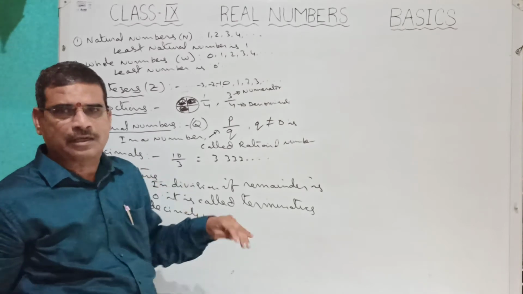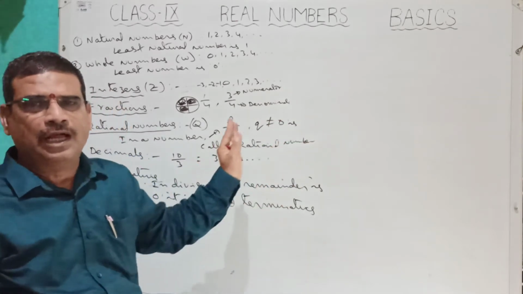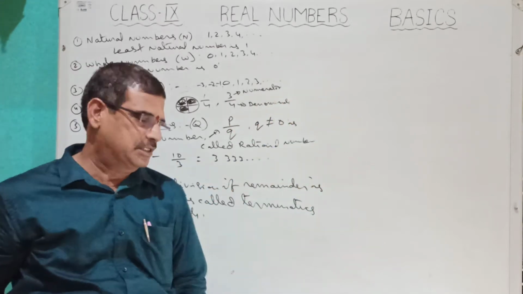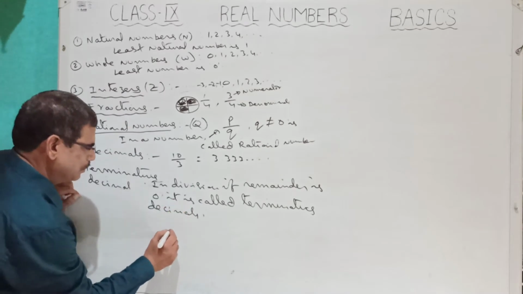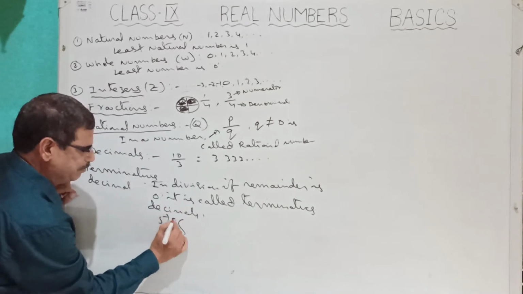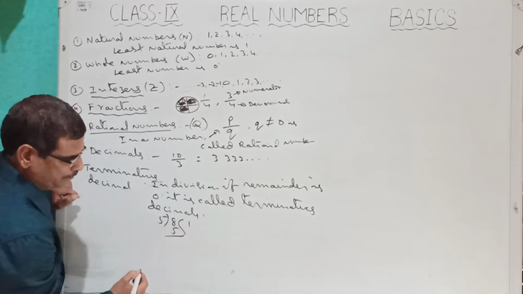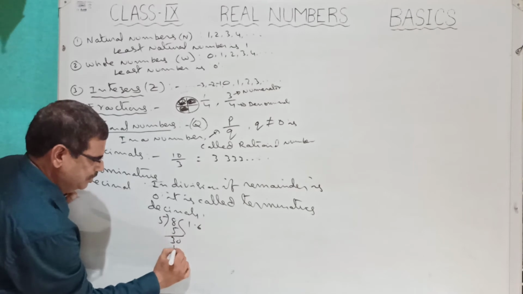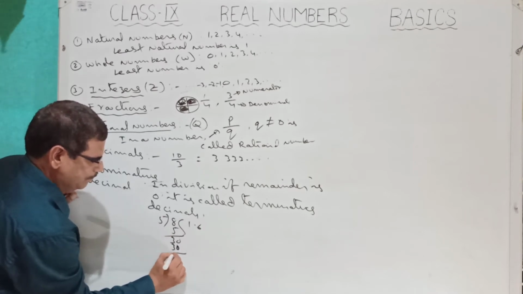In another way, we can say that if we can write the last digit, then it is also called a terminating decimal. For the division, this is one example: 5 ones are 5, 3 balance, 0, 5 6s are 30, 0.